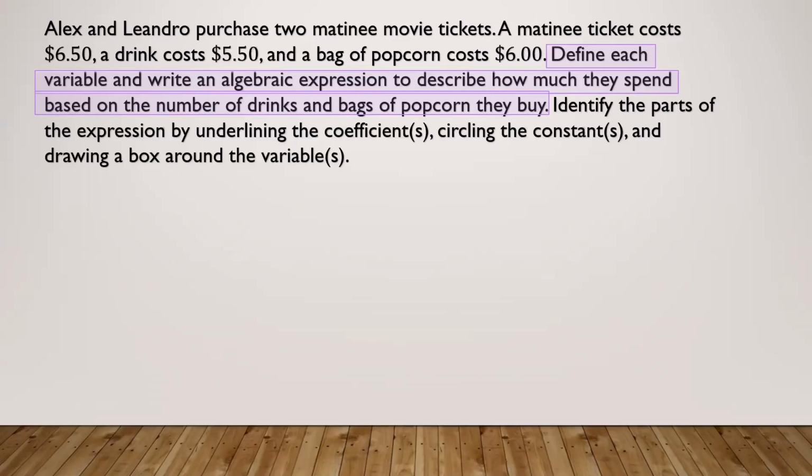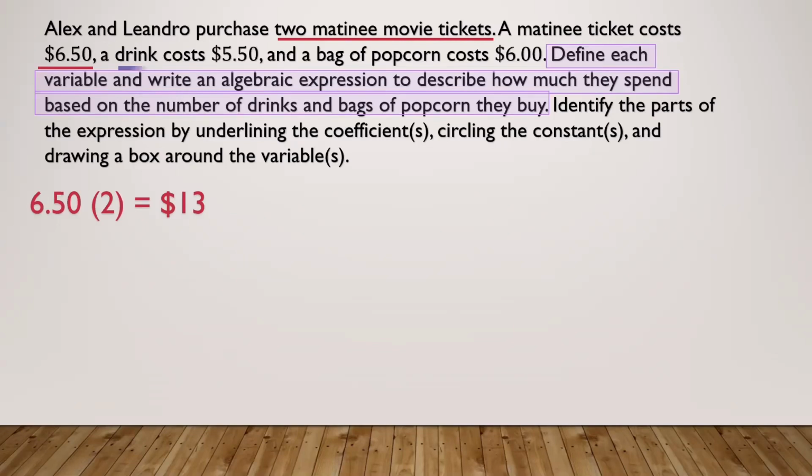But they had to get into the movie, so look what else they bought. They bought 2 matinee tickets. Okay, I know what a matinee ticket costs me. That cost me $6.50. So we can say that $6.50 times 2, I already know they're spending $13. They have to spend $13 to get into the movie theater, okay?